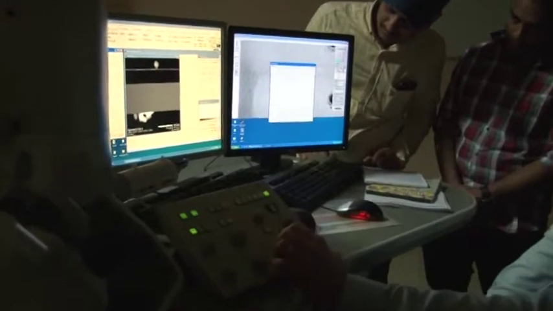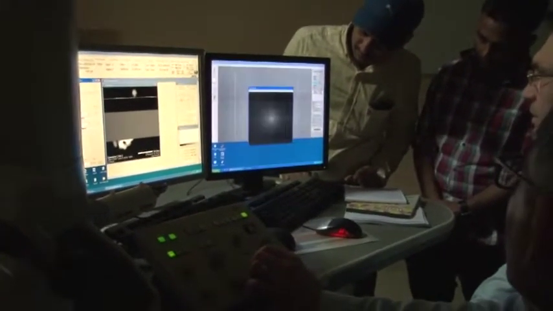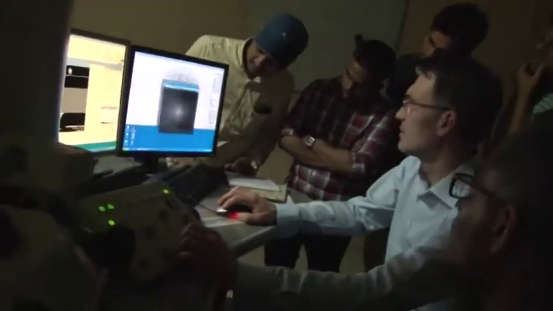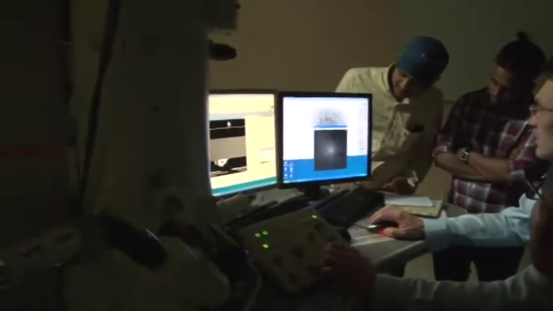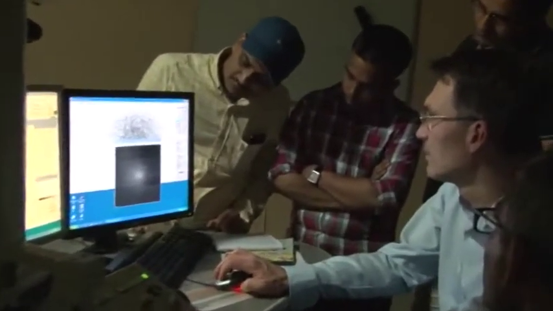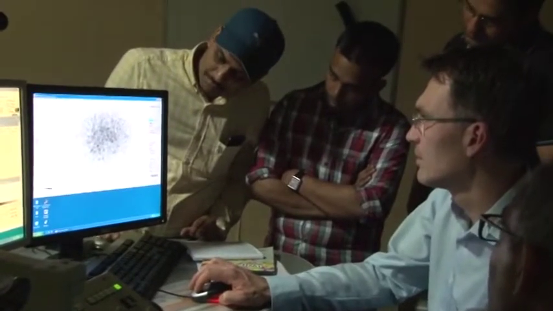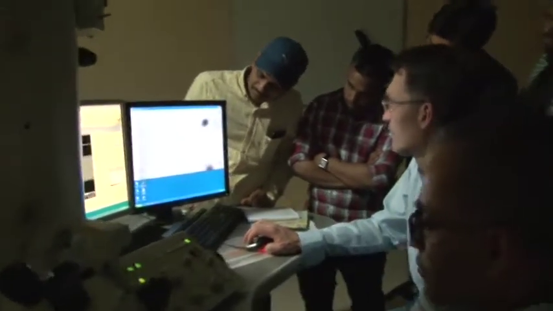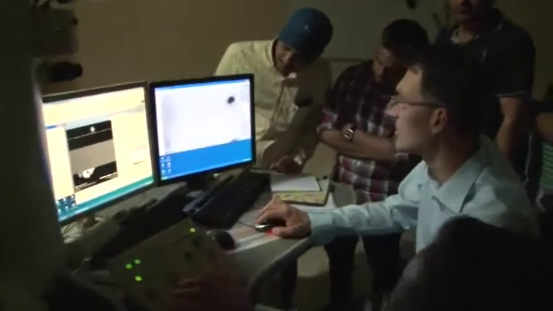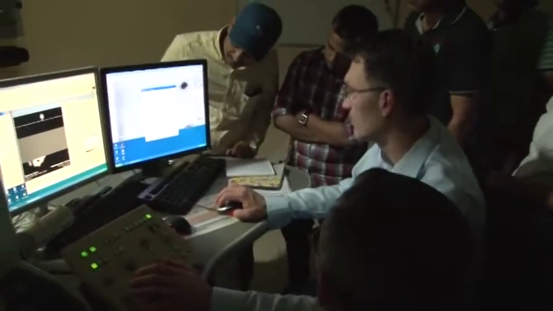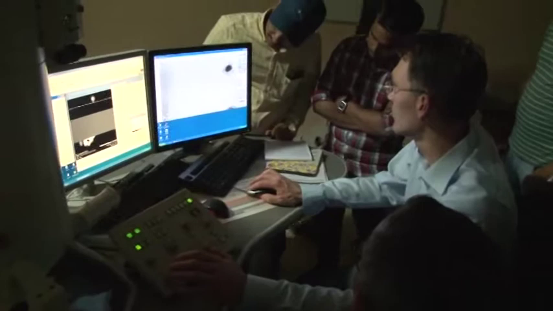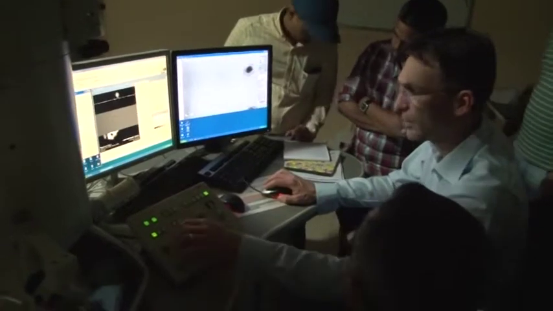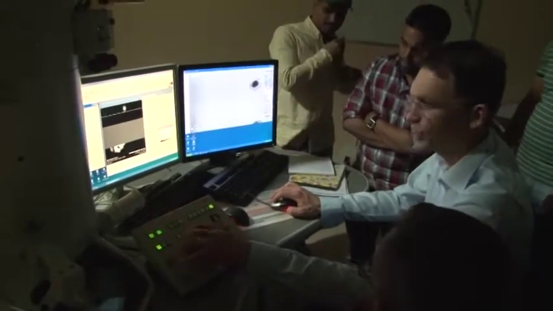Let's try to. This was the magnification you worked at, right?